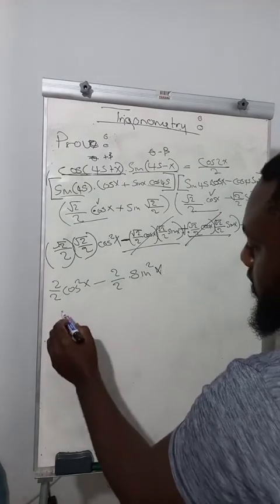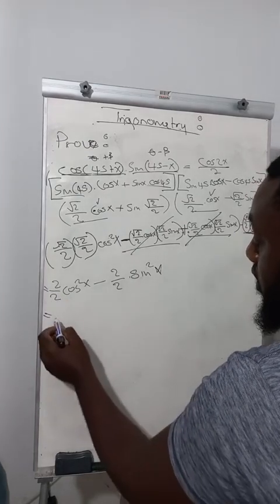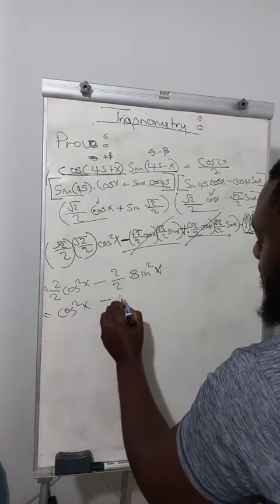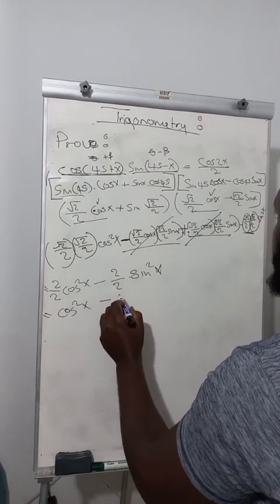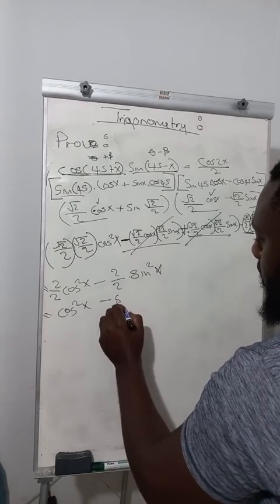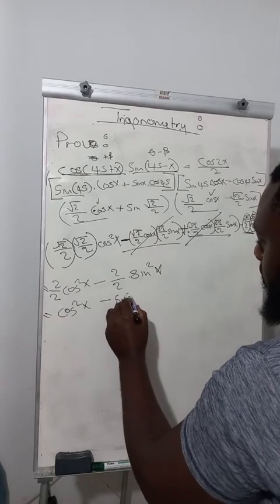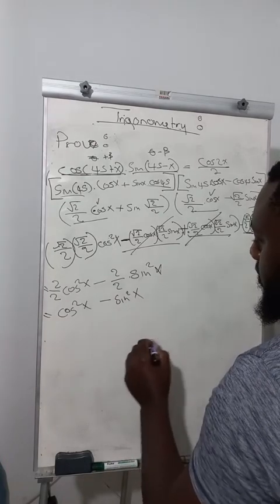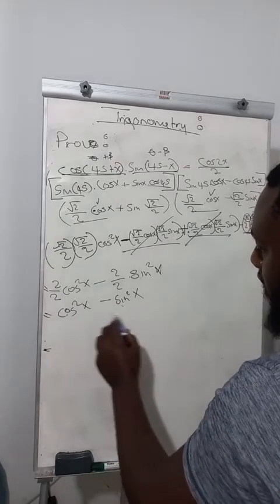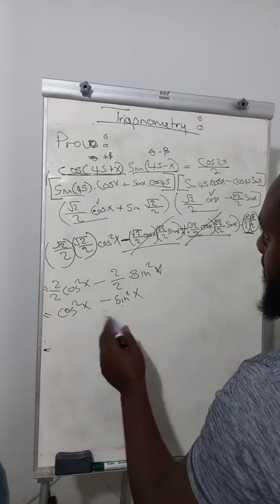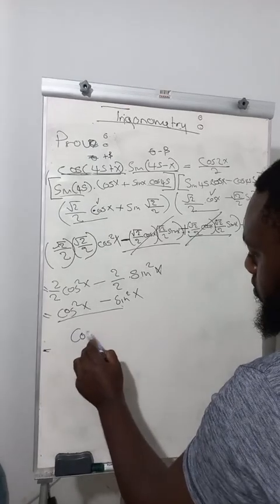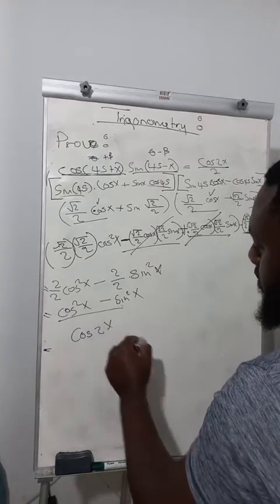Then now, this is the same as you having cos squared x minus sine squared x. So this here is the same as cos 2x.